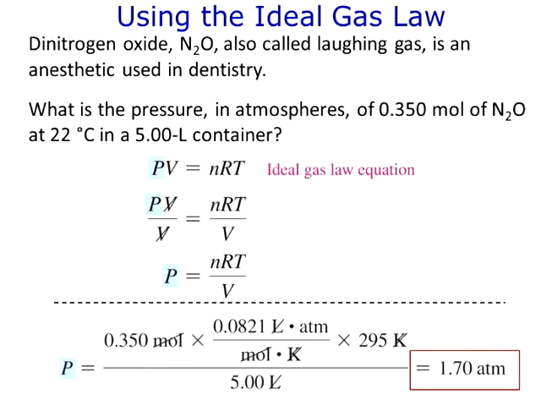So basically, you use the ideal gas equation, you set it up, PV equals nRT, you rearrange it to solve for P, we take the values from the problem, we plug them in, we run the numbers through, we make sure we're using a value for R that has the proper units, and we obtain 1.70 atmospheres, 3 sig figs.